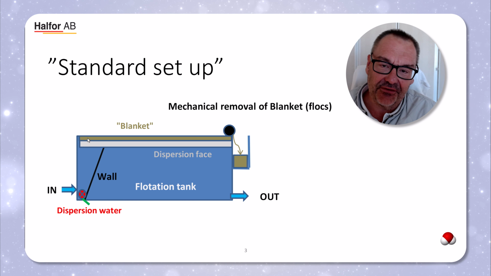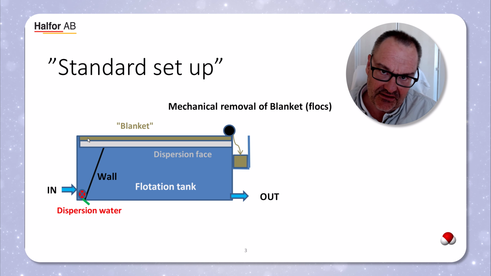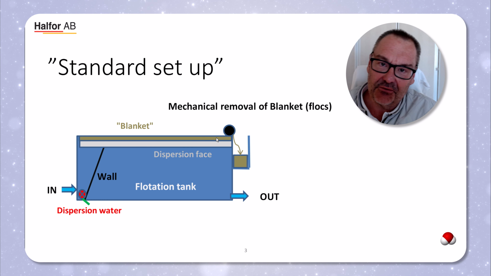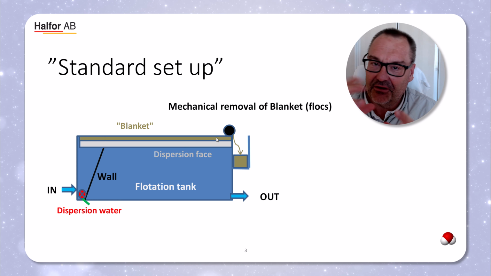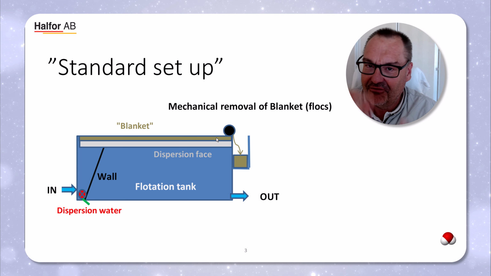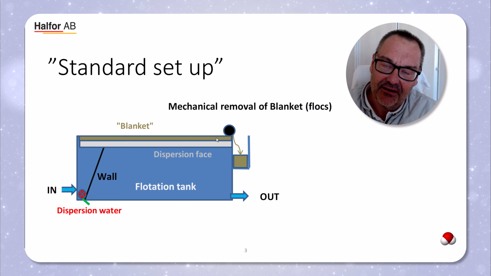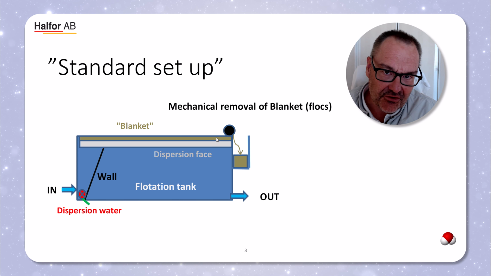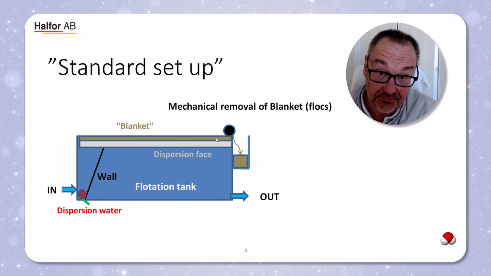On the surface of the flotation unit, you get a blanket, a kind of mushy sludge sediment with the flocks. That blanket is what you remove from your water stream. That is your sludge.